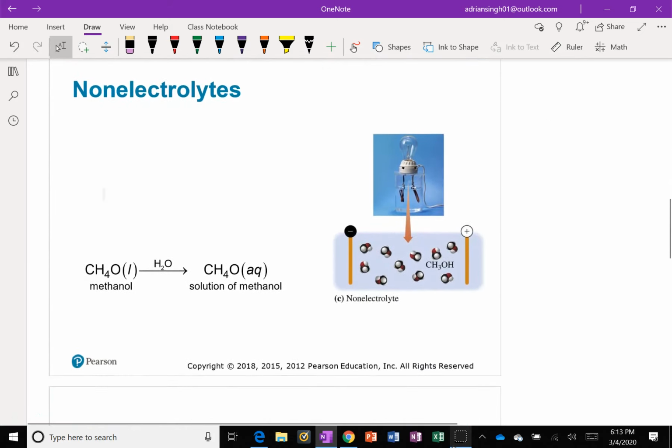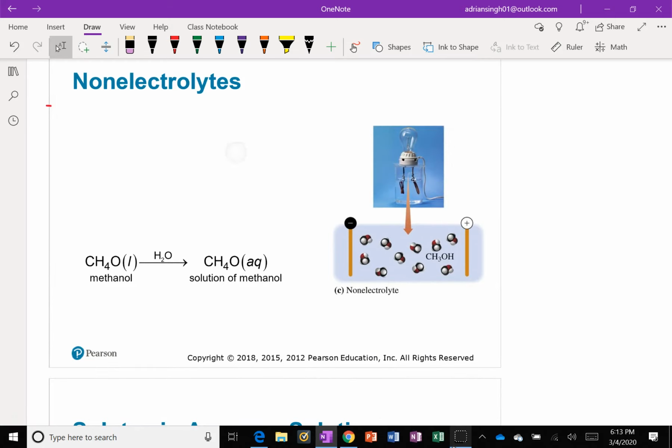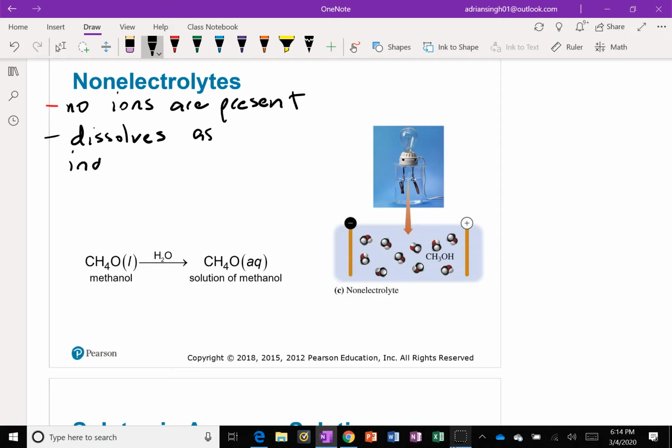And on the other end of the spectrum, we have our non-electrolytes, where no ions are present. So in this case, whatever this substance is, dissolves, because it is going to dissolve, but it doesn't dissolve as ions, it actually dissolves as individual molecules.